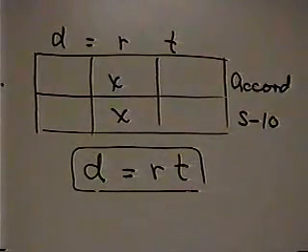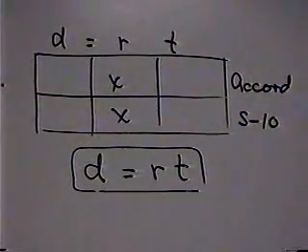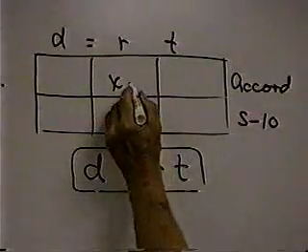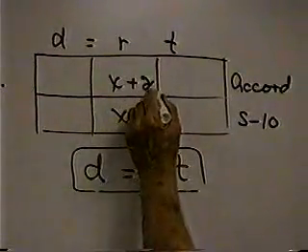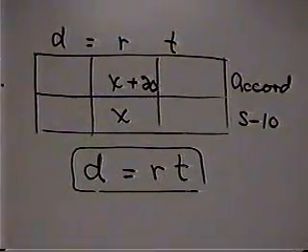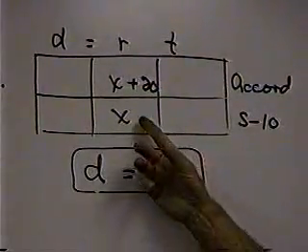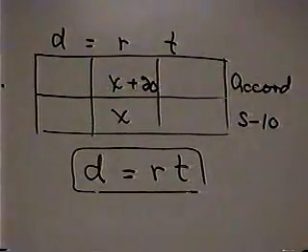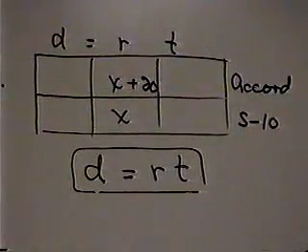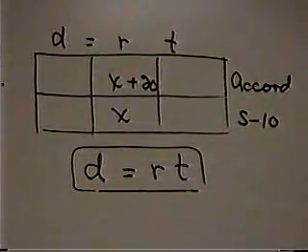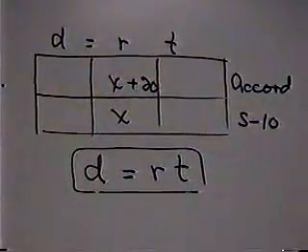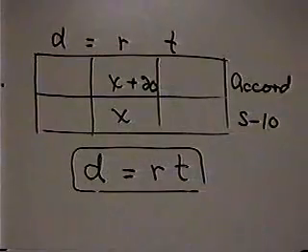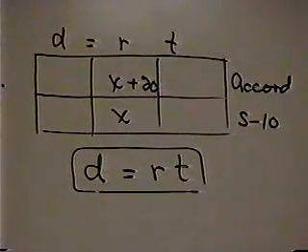Now let's go back and read the first sentence. The Honda Accord is traveling 20 miles per hour faster than the Chevy. So this one is going faster than the Chevy. Now what about the times? All right, let's read it again. The car travels 143 miles in the same time. So the times are equal.